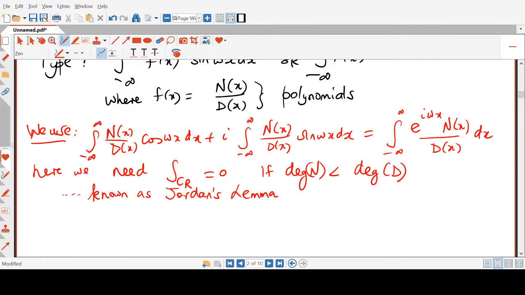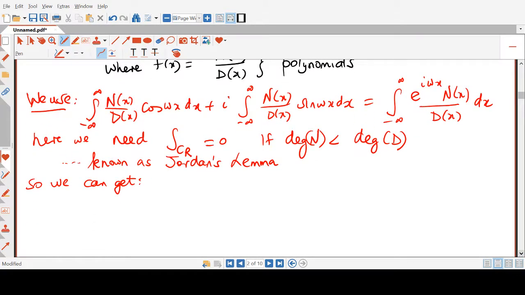Okay, Jordan's lemma. This is how we work the integral out. The integral from minus infinity to plus infinity of n of x over d of x, e to the i omega x dx.